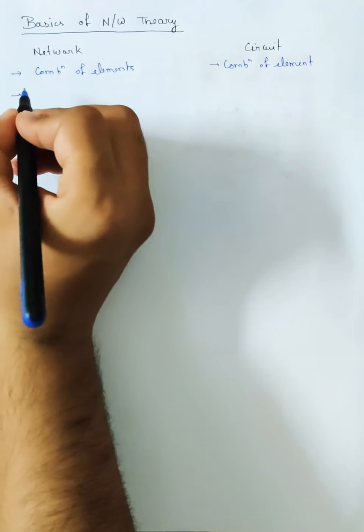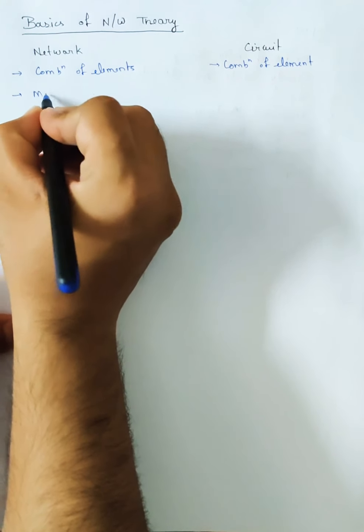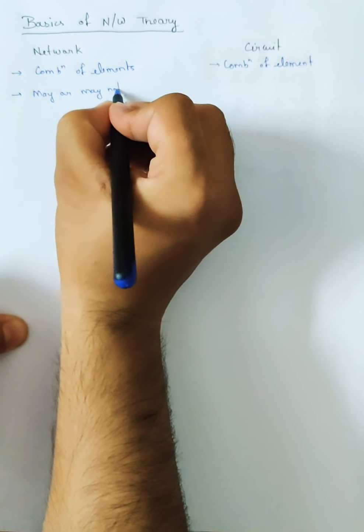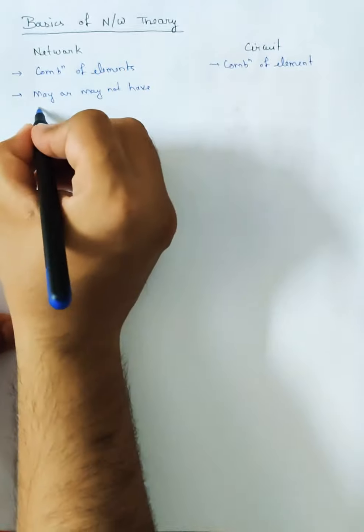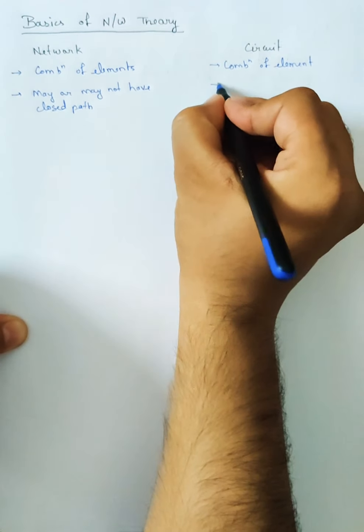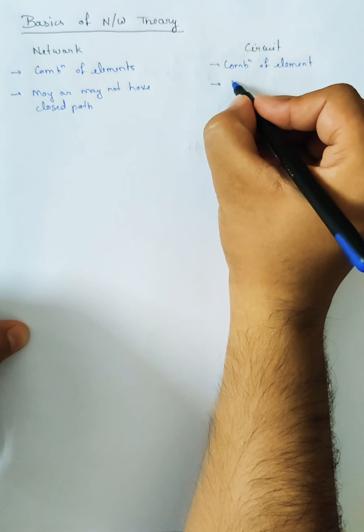But a network may or may not consist of a closed path, but a circuit should essentially have a closed path.